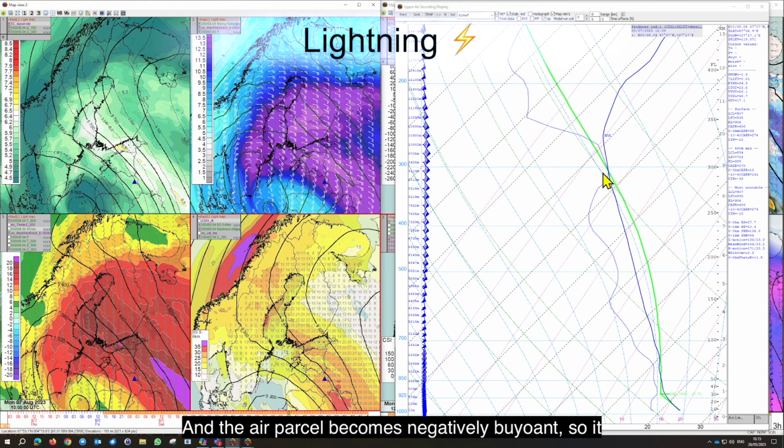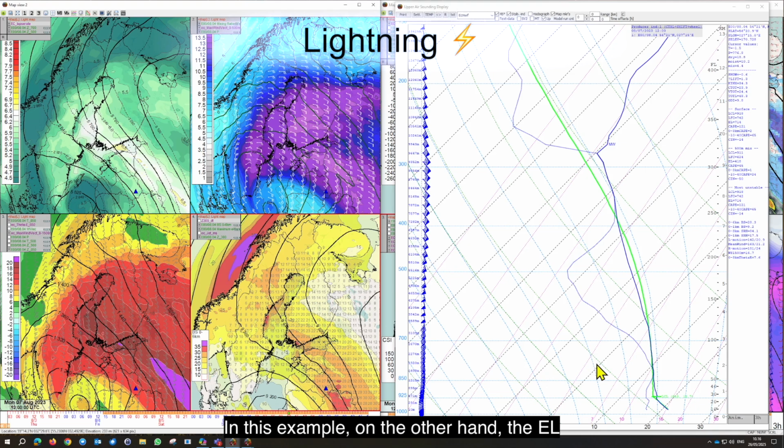And the air parcel becomes negatively buoyant, so it starts to slow down and eventually sink. But at this point, we have the EL, so equilibrium level, and we can check the temperature of that like this. It's between -30 and -40 isolines, so it's around -35. So it should be enough to produce lightning.